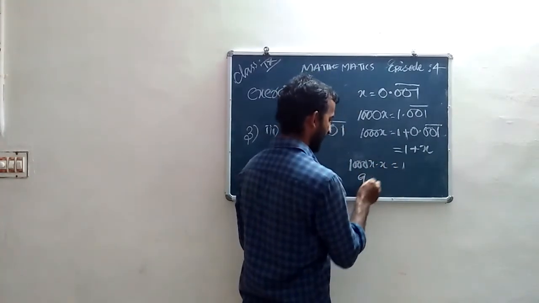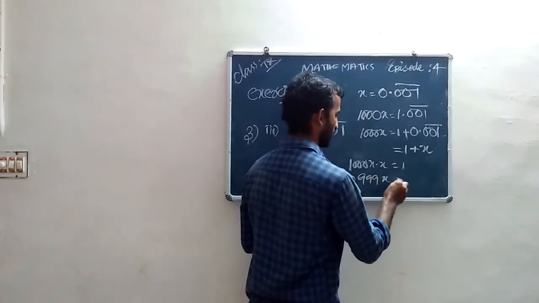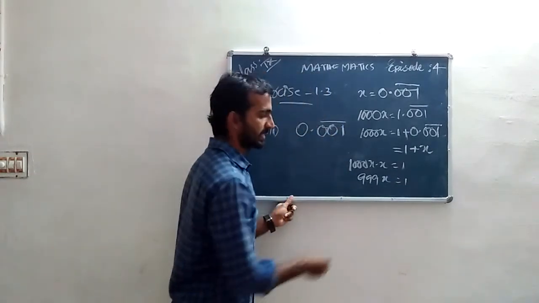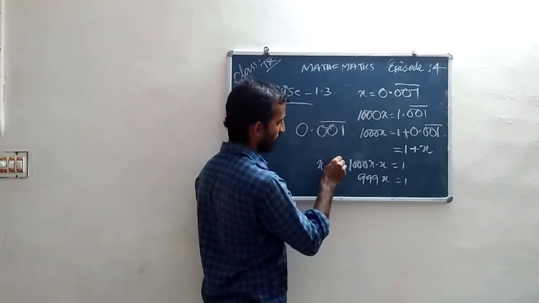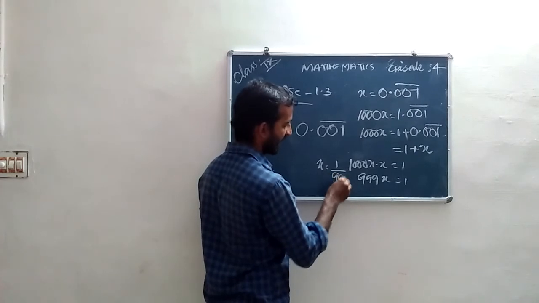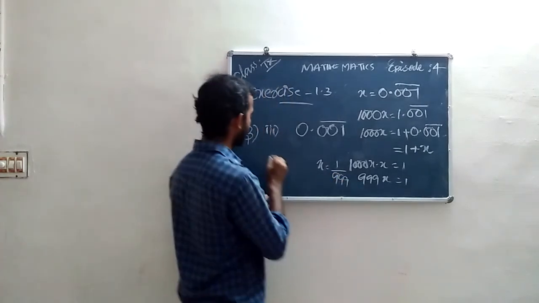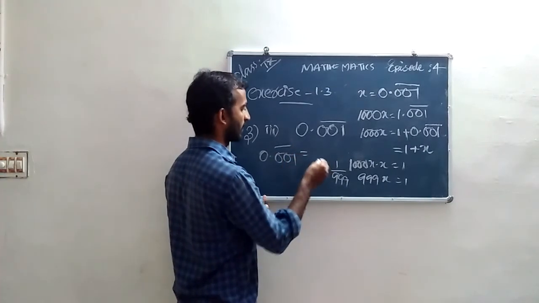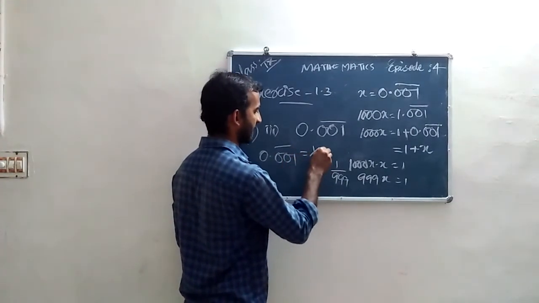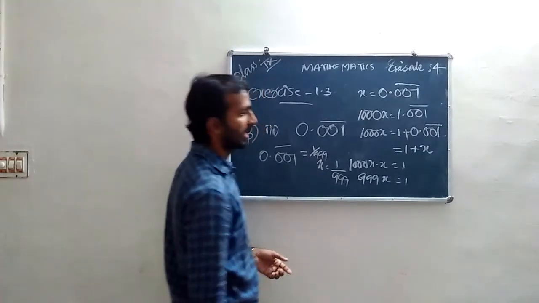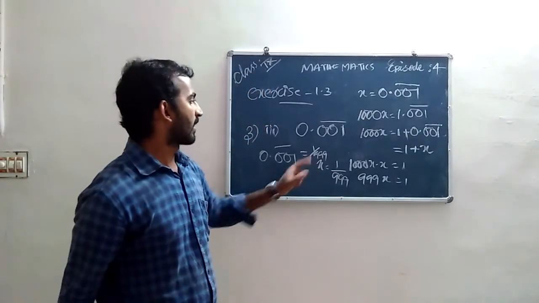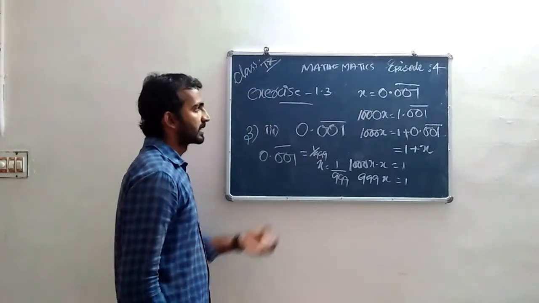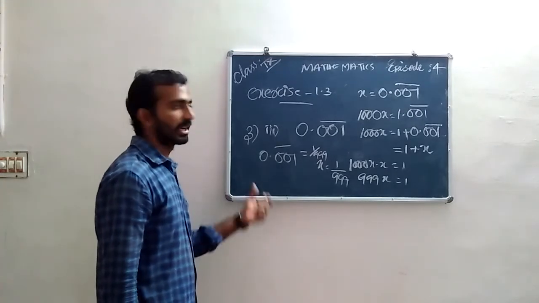That is 999x equal to 1. Next step is x equal to 1 by 999. That is 0.001 bar equal to 1 by 999. This is the solution for the third one.